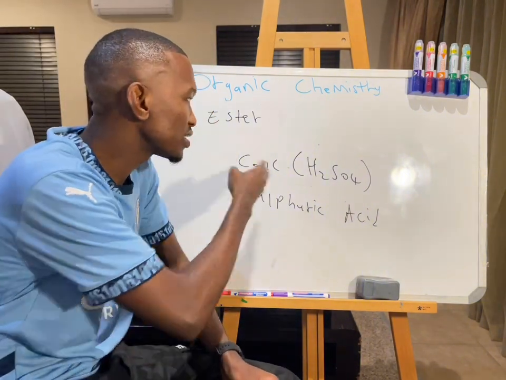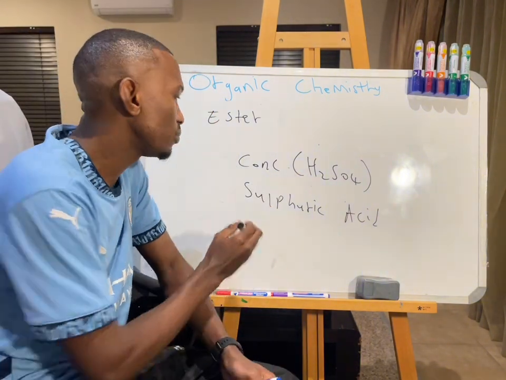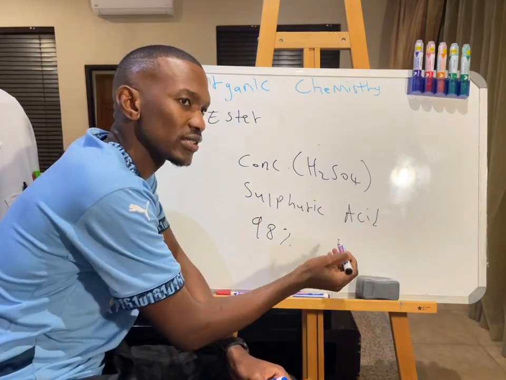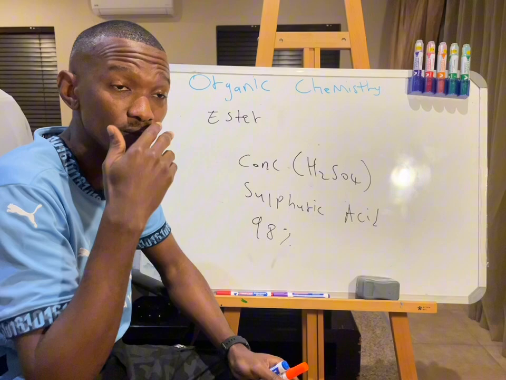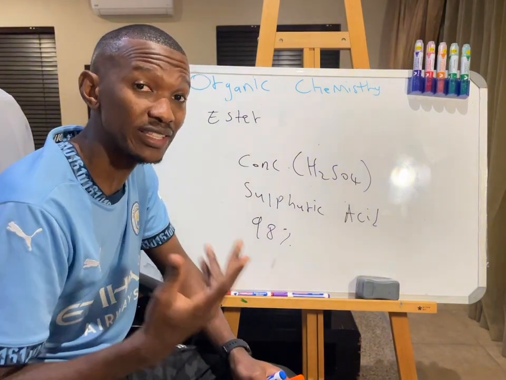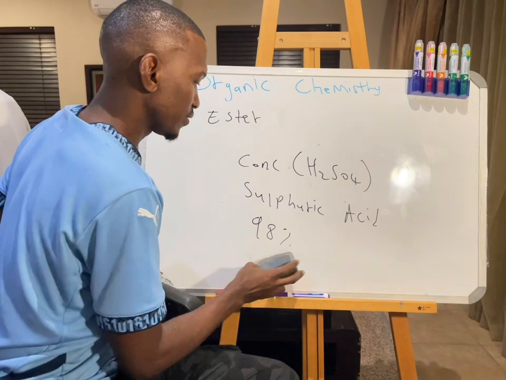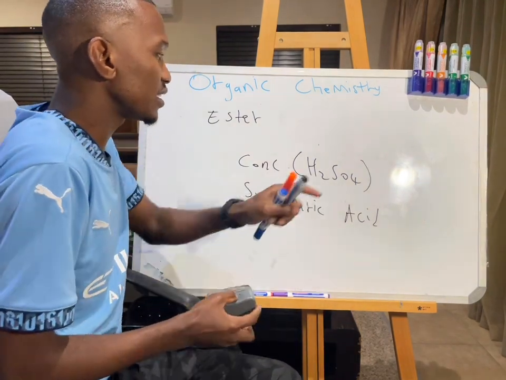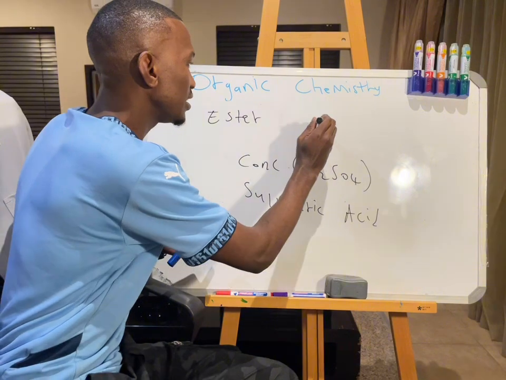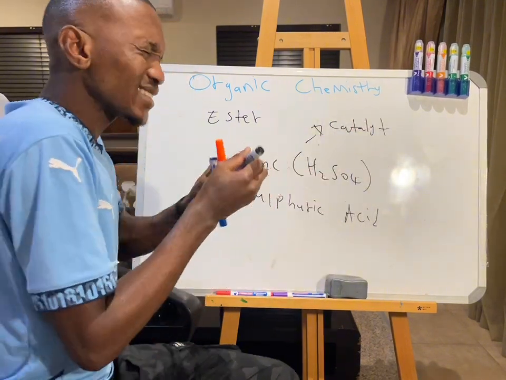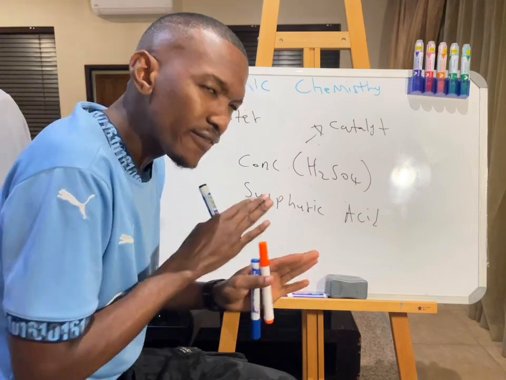And remember, concentrated sulfuric acids differ. You might have the 98% one, you might have a 90-something percent one, they differ in terms of their percentages. Even when you're in the lab, you will see different ones. So we need a concentrated sulfuric acid. This guy, he is the catalyst. The catalyst will never change.